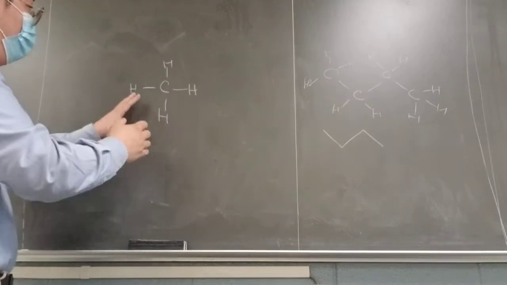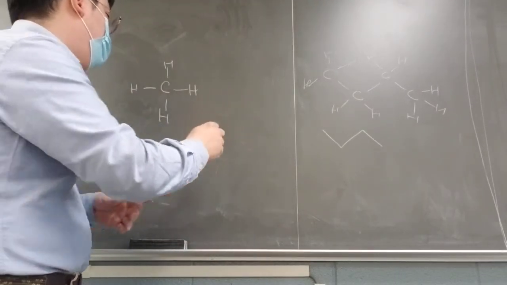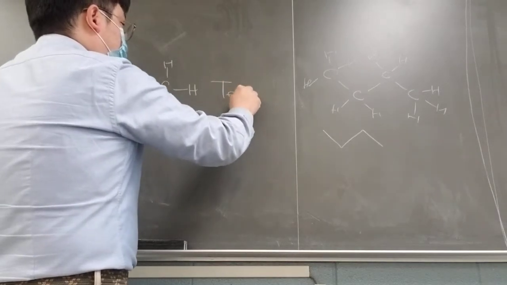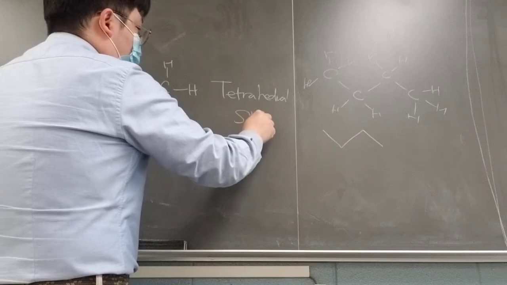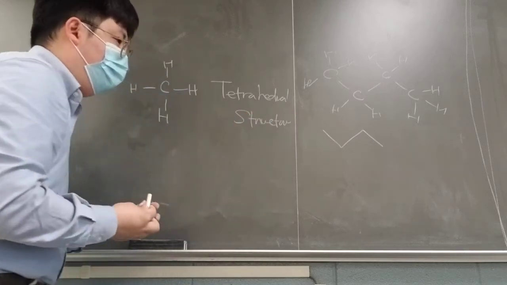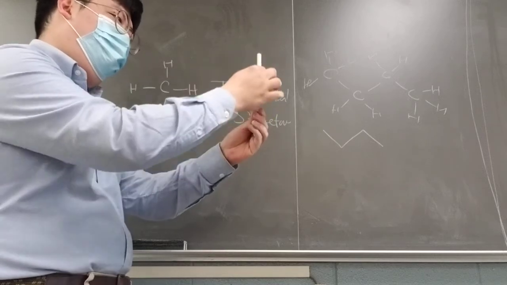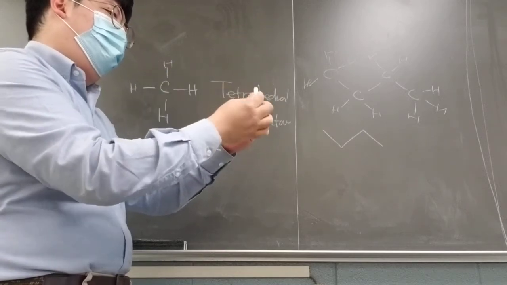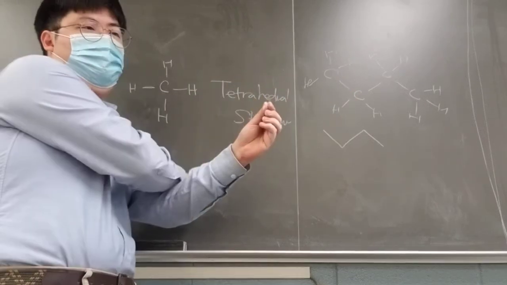So that's why they're going to show you a tetrahedral structure. Meaning, if this is carbon, one bond goes up, and the others go here, here, and here.